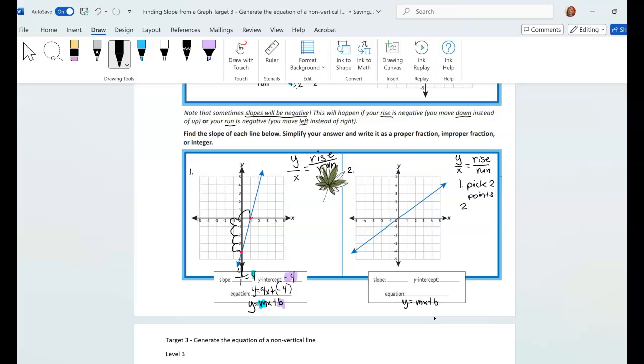Make sure it's from the left to the right. And you're pretty much good to go. Look at the trend line. Pick 2 points that are perfect.